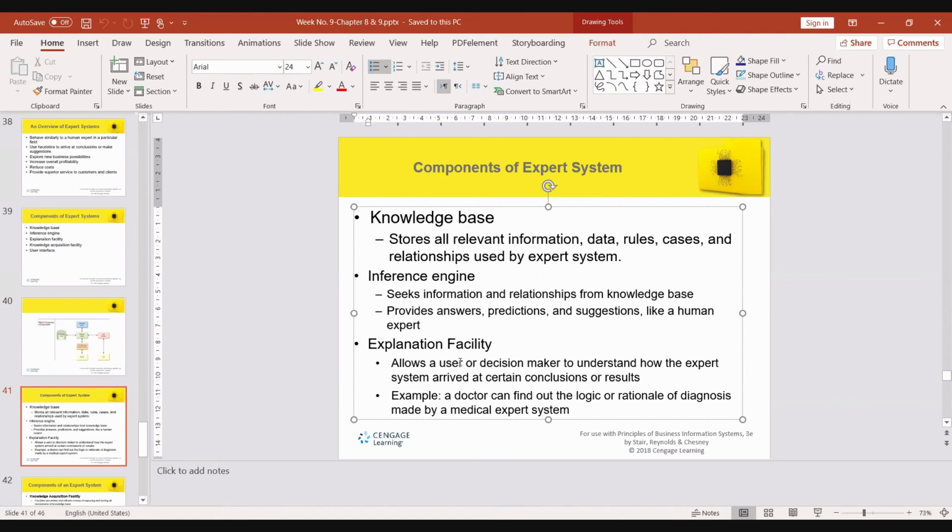And explanation facilities allow the user or decision maker to understand how the expert system arrived at certain conclusions or results. So it will generate a kind of report or analysis for the user. For example, a doctor can find out the logic or rationale of a diagnosis made by a medical expert system. So the doctor can find out the reason why this system is suggesting this thing.